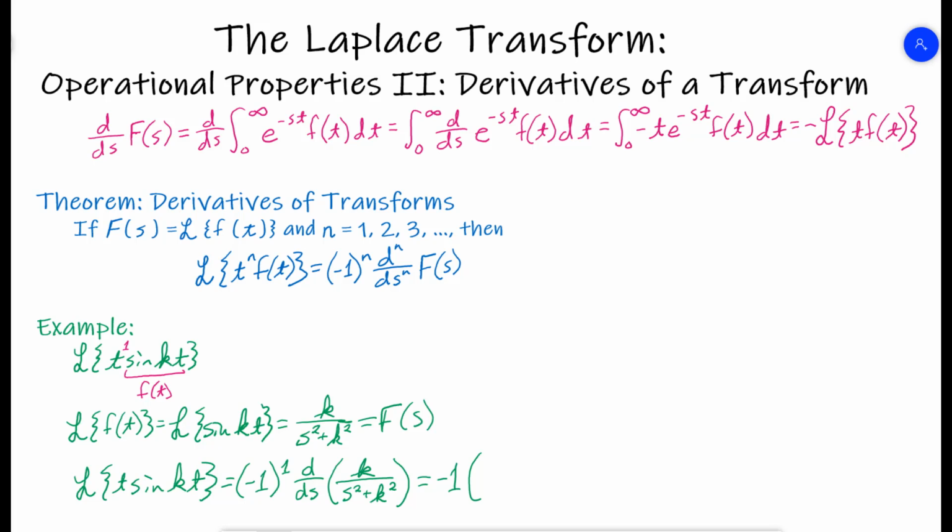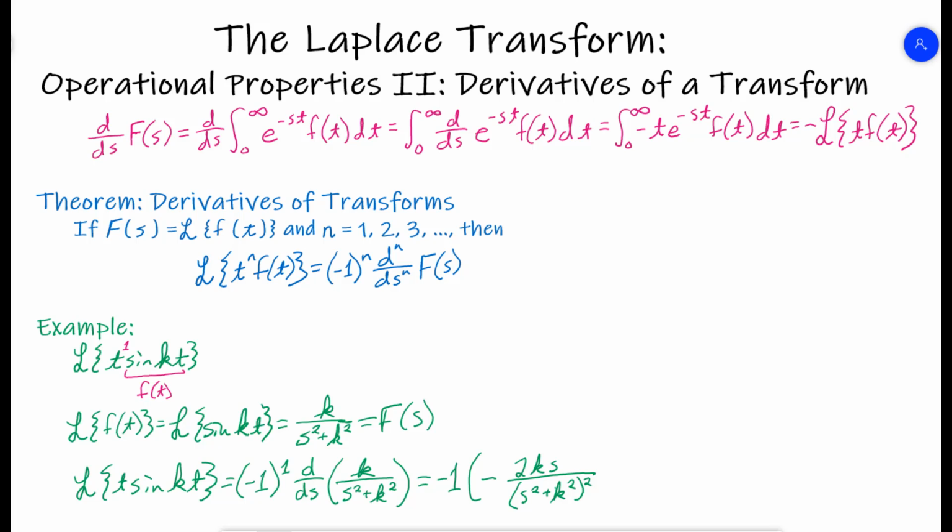And then all that's left for me to do is take the derivative of k over s squared plus k squared. And when I do that, I'm going to get negative 2ks over s squared plus k squared, the quantity squared.